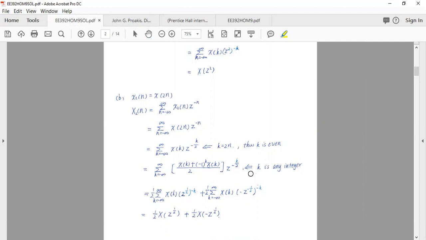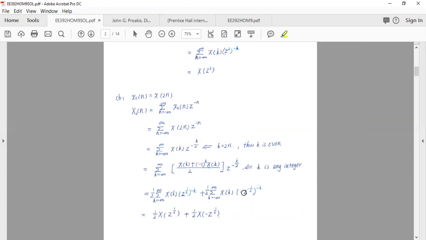We get this particular term, and then on further evaluating this, we'll get 1 upon 2 summation from negative infinity to infinity of x of k into z to the power of half, whole thing to the power of negative k. Plus, separating this again, half summed from k equal to negative infinity to infinity, x of k, again this value. Further simplifying this, negative 1 could be regrouped with this z and k taken out.